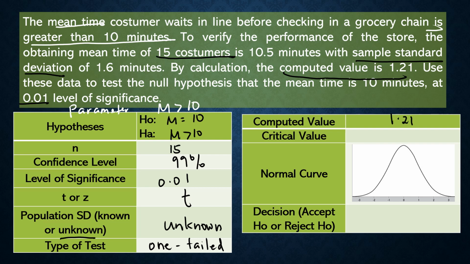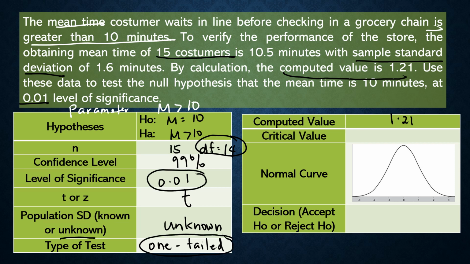Now, in order for us to find the critical value, since we're dealing with the p-value, we're going to start looking for df. Since our n is 15, our df is 14. Now, how are you going to get the value of degrees of freedom? Again, df is equal to n minus 1. So, therefore, we're going to take a look at df 14, one-tailed, and 0.01.